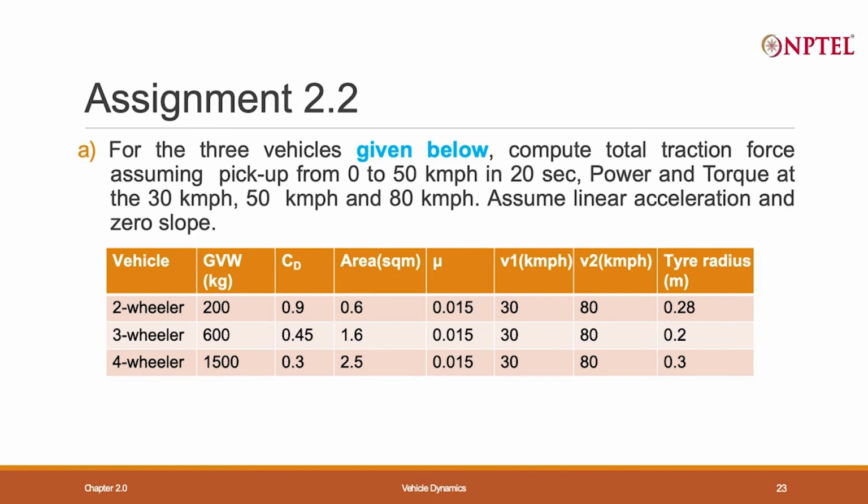Compute total traction power assuming pickup speed from 0 to 50 kilometer per hour in 20 seconds. We had already computed the rolling resistance and the aerodynamic resistance. You also compute the power and torque at 30 kilometer, 50 kilometer and 80 kilometer, assuming linear acceleration and 0 slope.